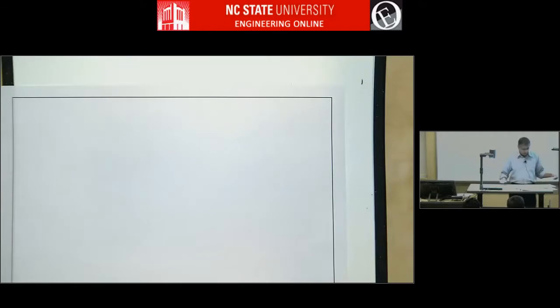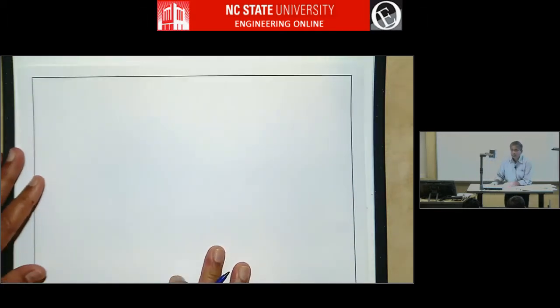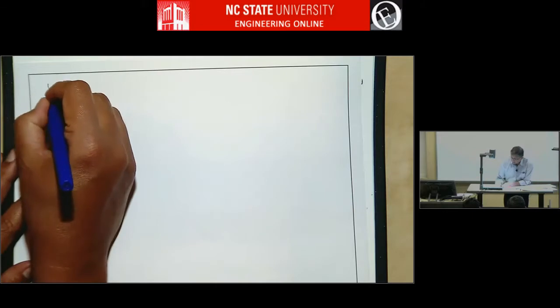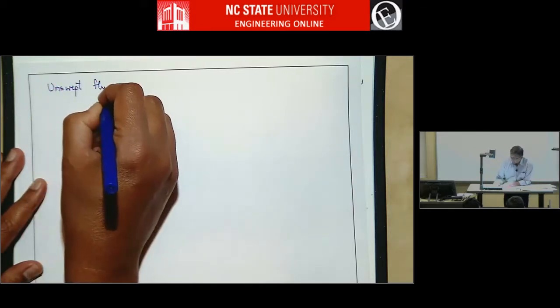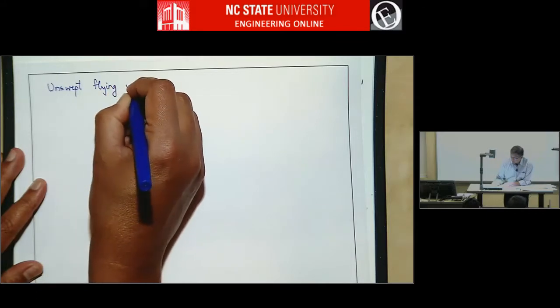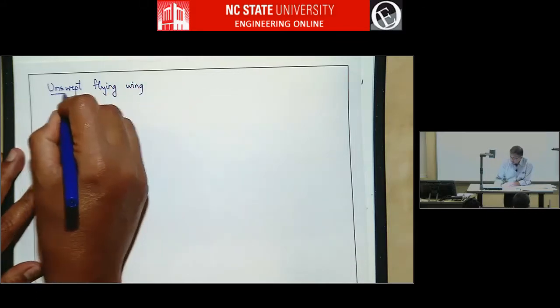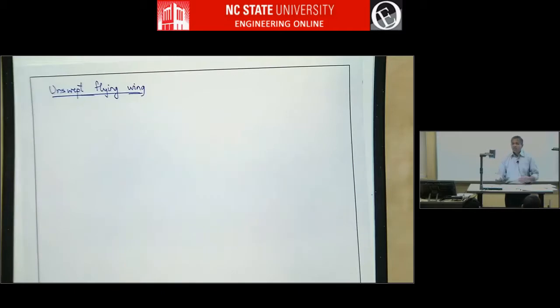So in this course, what we are going to look at is an unswept flying wing. Because an unswept flying wing is one in which the airfoil characteristics essentially are the wing characteristics for this kind of stuff we are discussing.